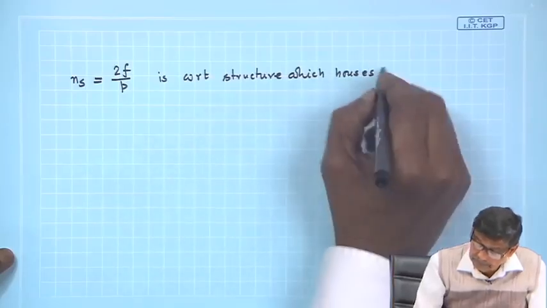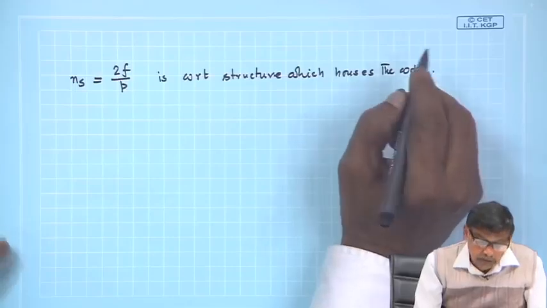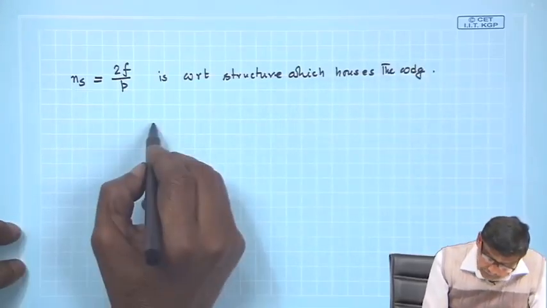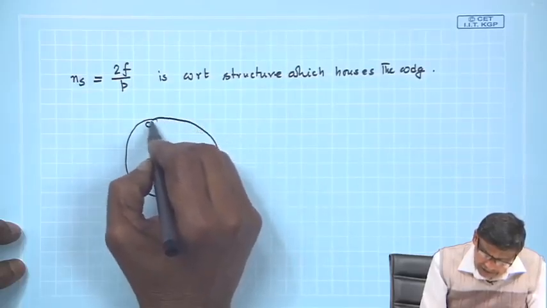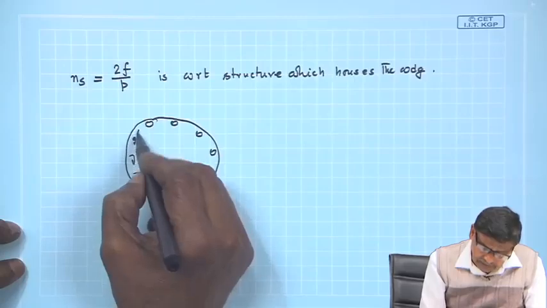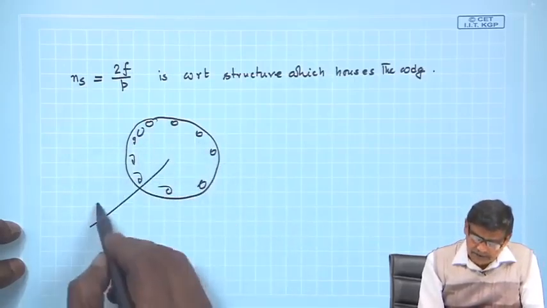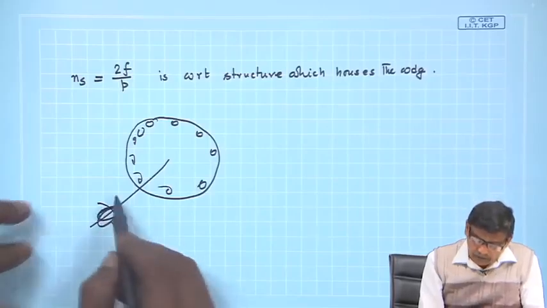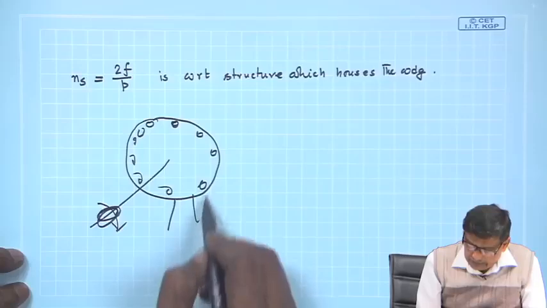This is very important. What is the meaning of that? Suppose you have a balanced 3 phase winding here and it is on the rotor. This fellow can move by some external means, you can move it. Suppose you are not moving it. These coils you have energized with 3 phase supply.